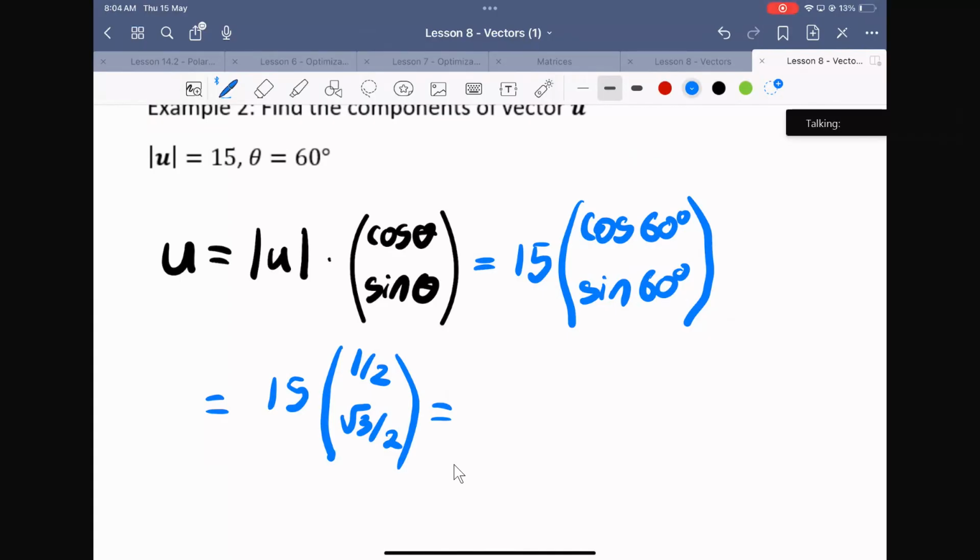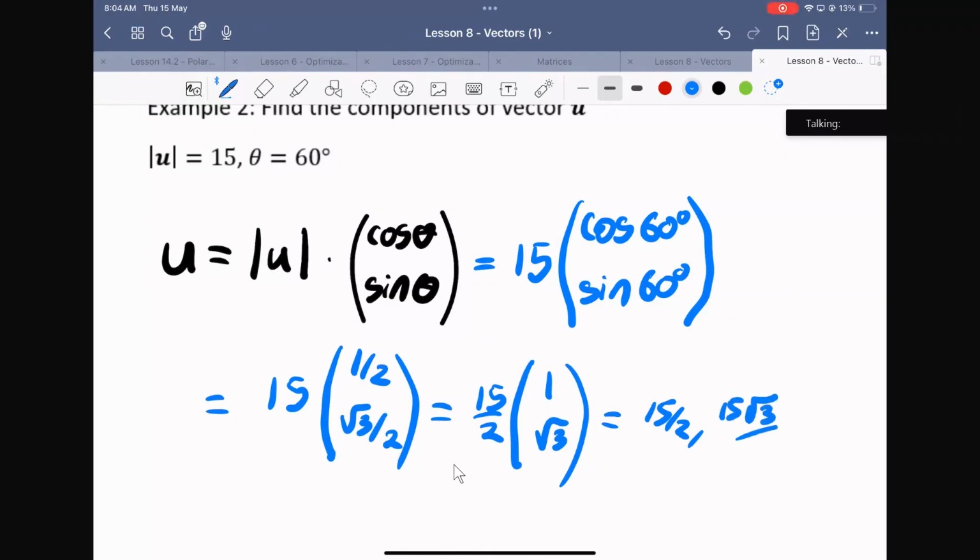So this is going to be 15 over 2, 1 root 3. We can write it like this. I think this is the most compact version of writing it. Or we can write it as 15 over 2, comma, 15 root 3 over 2.